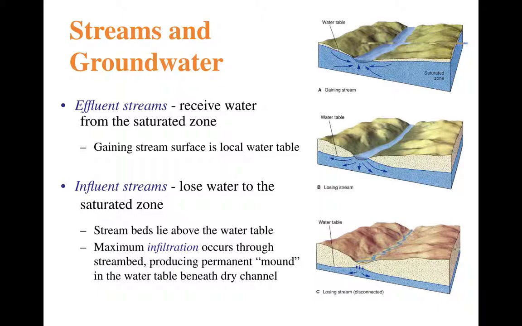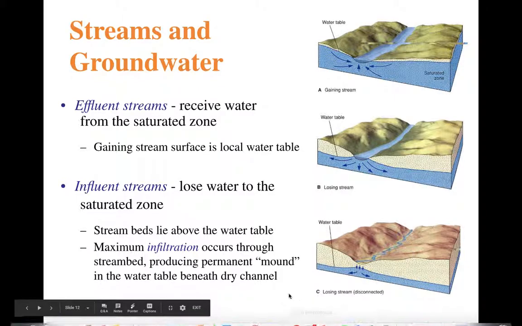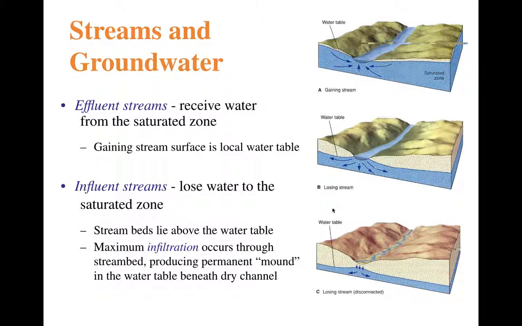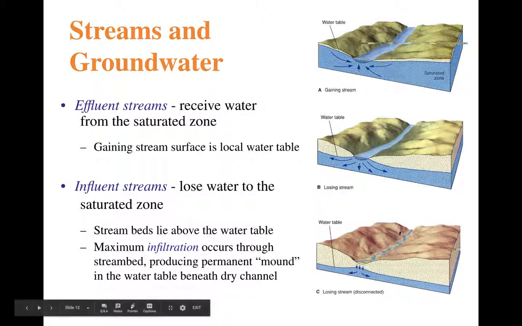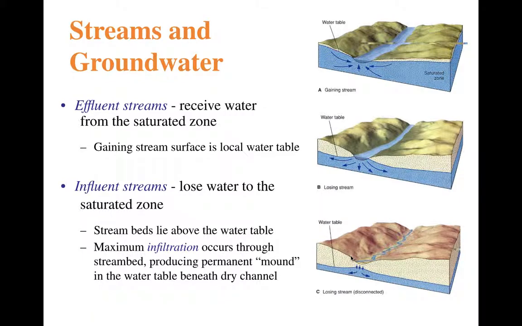Maximum infiltration occurs through the stream bed, producing a permanent mound in the water table beneath the dry canal. In an influent stream, that stream dries up a lot faster. It gets way smaller because the water table wants to be full, so the water table is going to actually take away the water.